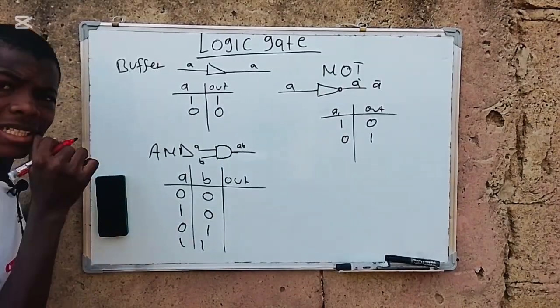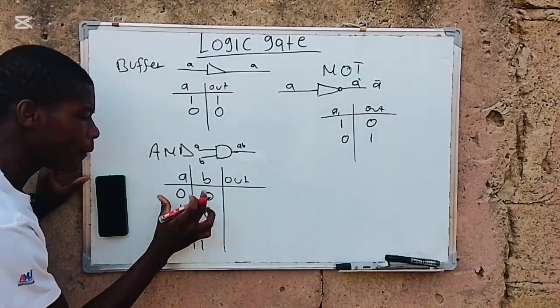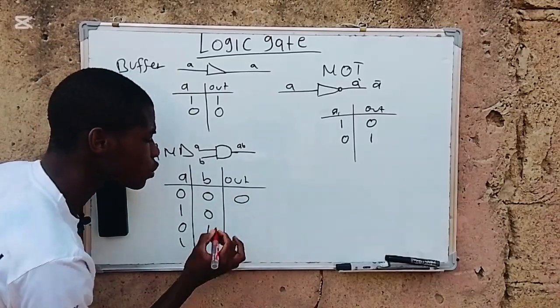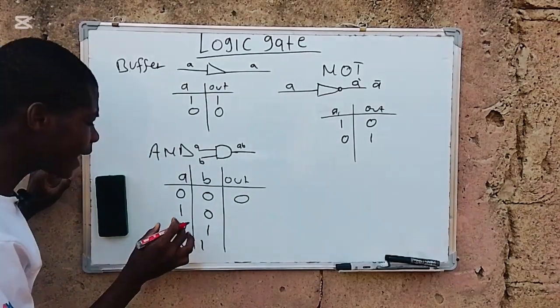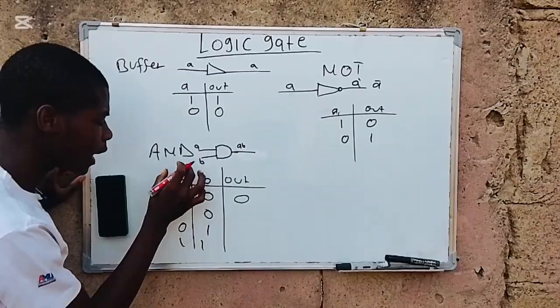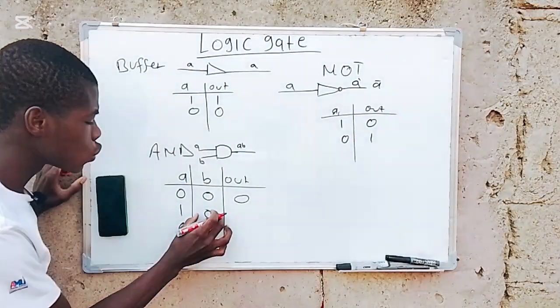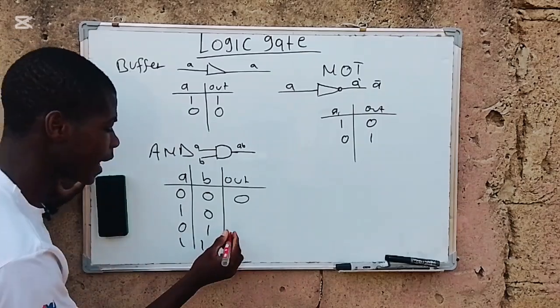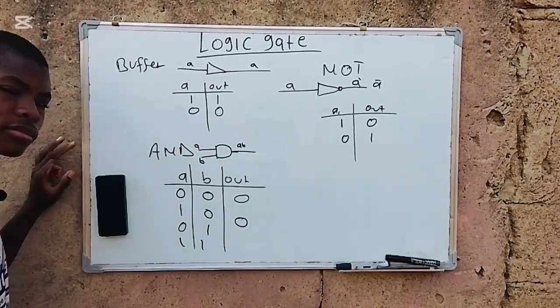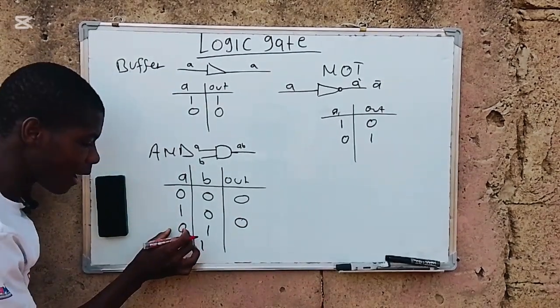In AND, whenever the inputs A and B are both zeros, the result is 0. When A is 1 and B is 0, the output is again 0. When A is 0 and B is 1, the output is 0.